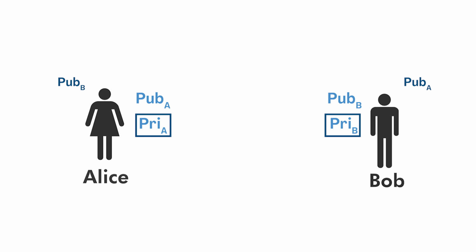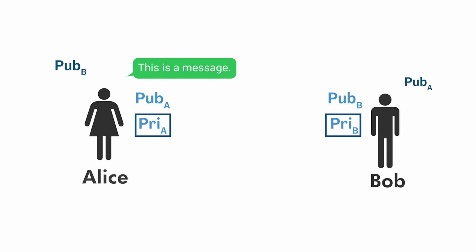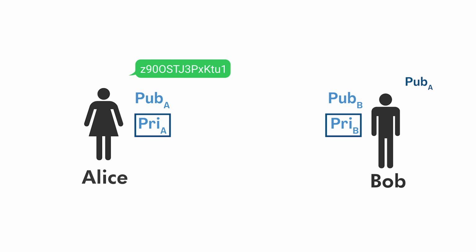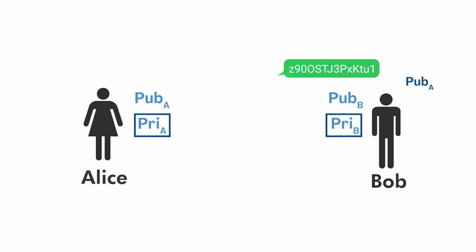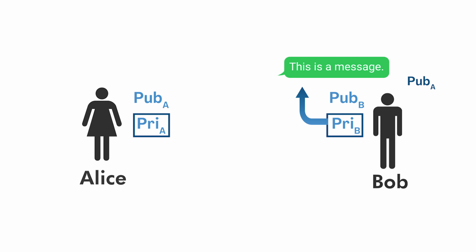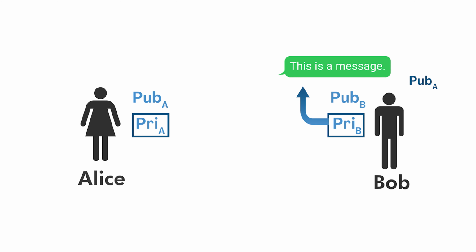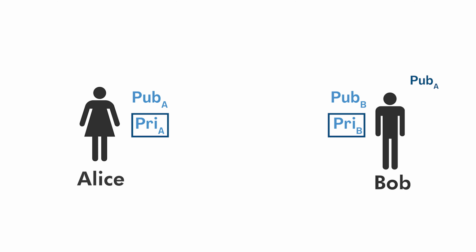The encryption is only done using the public key. So if Alice needs to send a message to Bob, Alice will use Bob's public key to encrypt the message. This encrypted message can only be decrypted using the private key of Bob. And since only Bob knows his private key, no one else except Bob can decrypt that message.